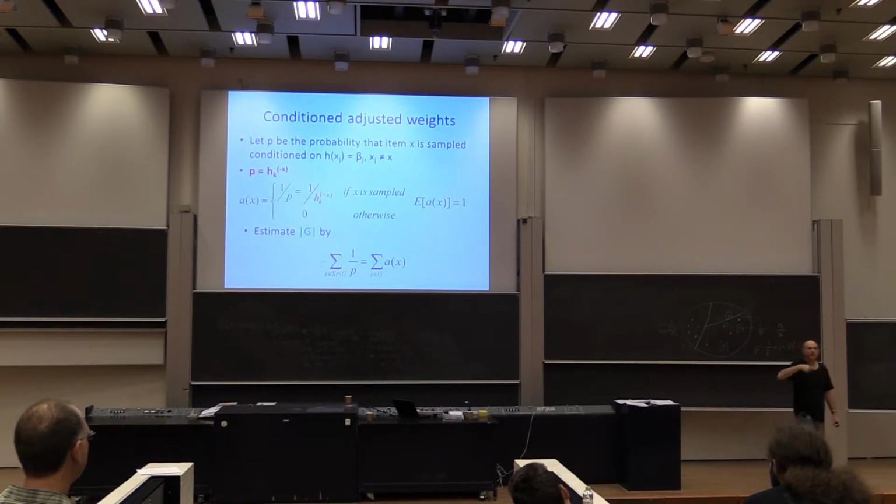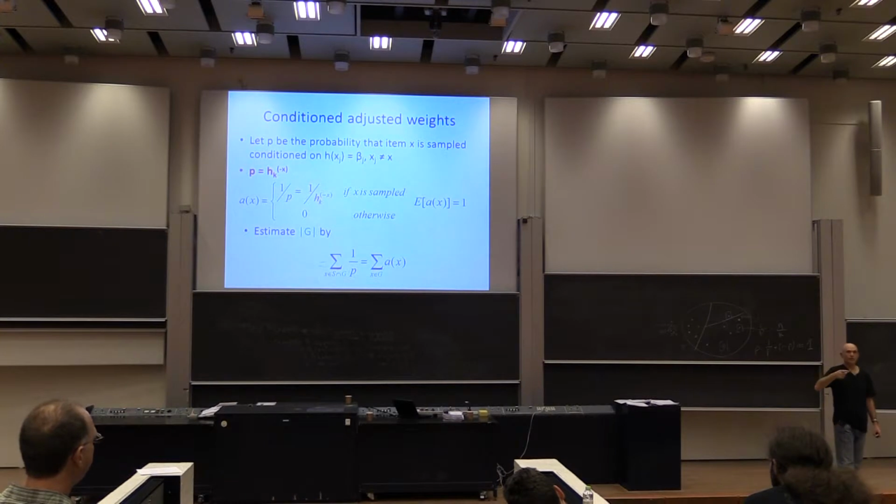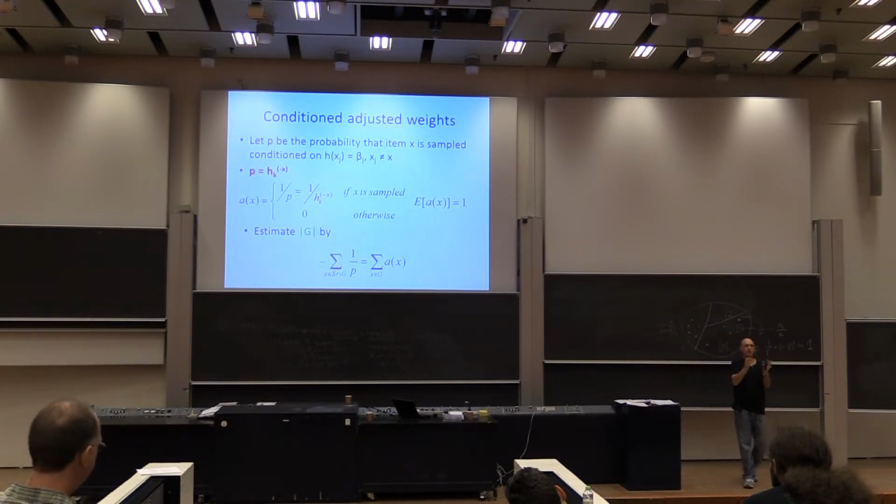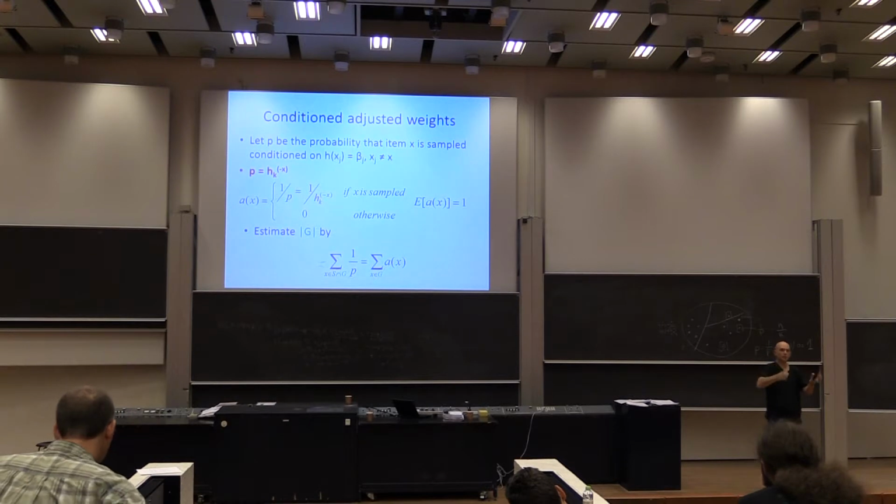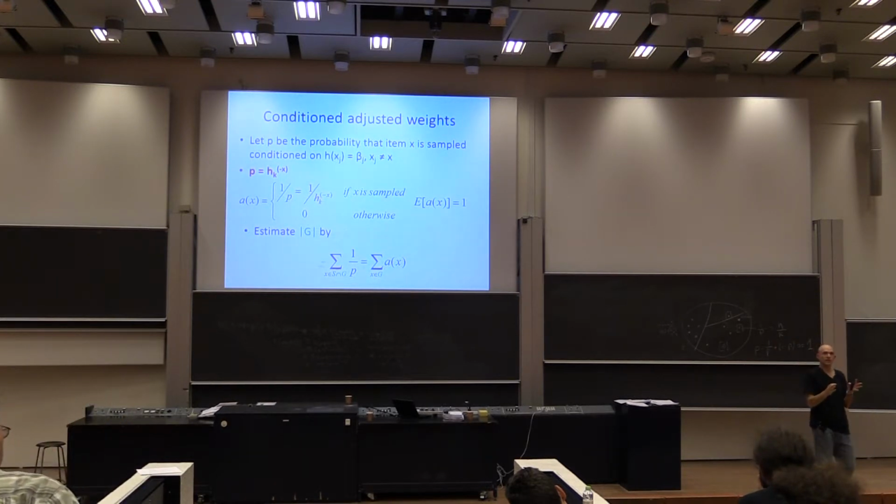This is the kth largest hash value of items different than X. It's not really in my sample. When is this number in my sample? My sample contains the k smallest items and everything about them, the hash value, the metadata, and everything.